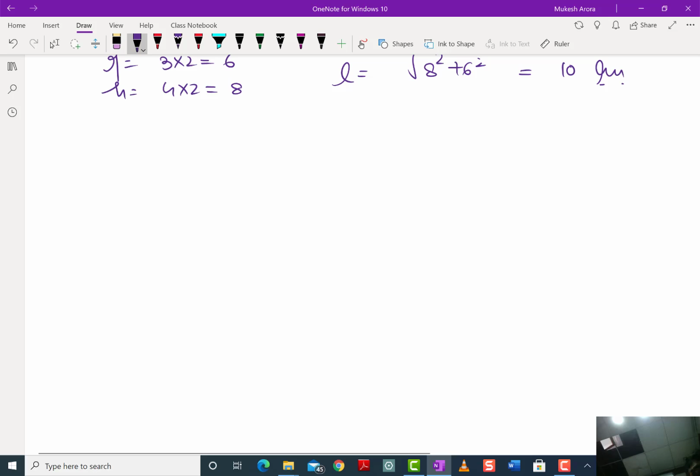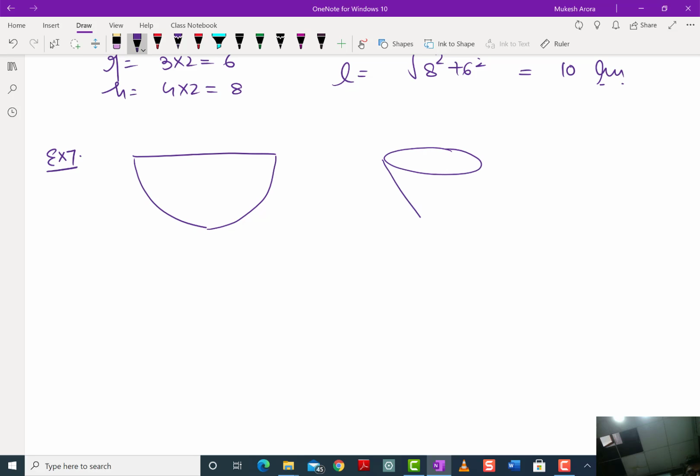And the last question in this segment is, when we have a semicircular thin sheet, we have a sheet like this, when we fold it, it makes a cone, right?